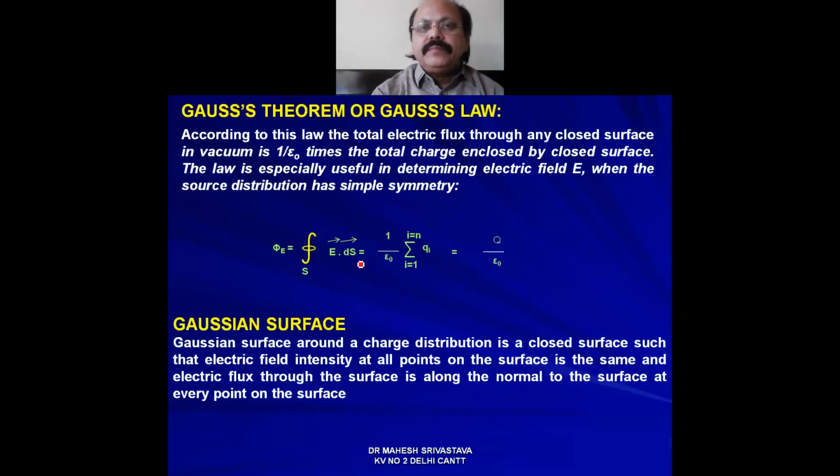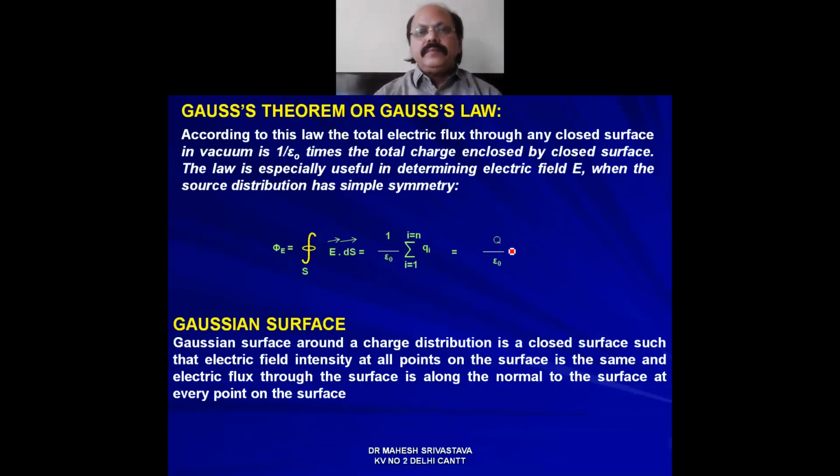As per Gauss's law, that must be equal to 1 upon epsilon naught times the total charge enclosed in the closed surface, that is sigma i equal to 1 to n of qi, or you can say capital Q upon epsilon naught. Here the capital Q is the total charge enclosed by the closed surface.